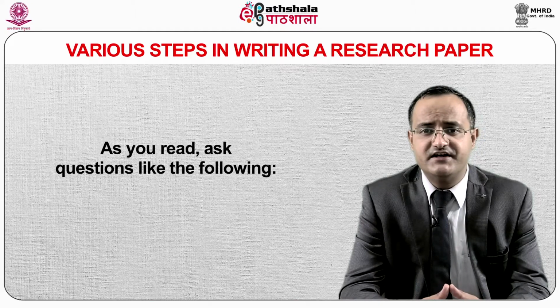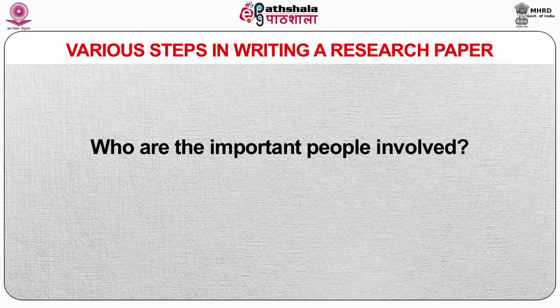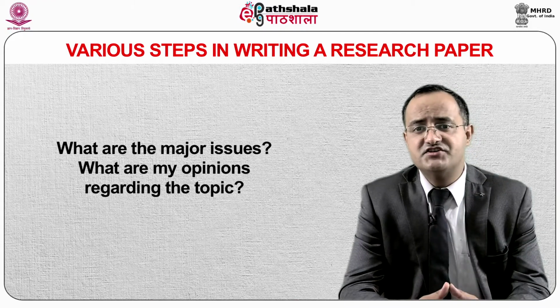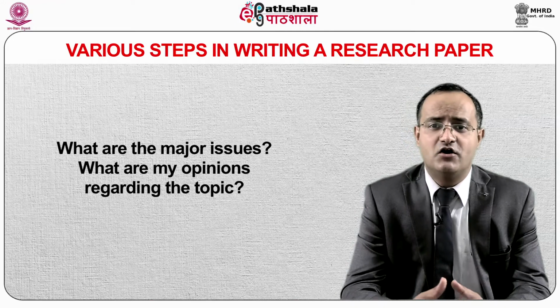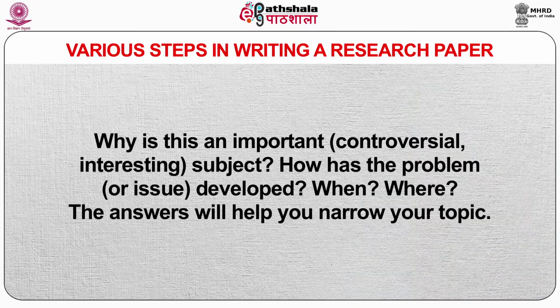As the researcher reads, ask questions such as: who are the people involved in the research, what are the major issues, what are the opinions regarding the topic, why is this topic important, controversial or interesting, how has the problem developed, when and where did it develop. The answers will help the researcher to narrow the topic.